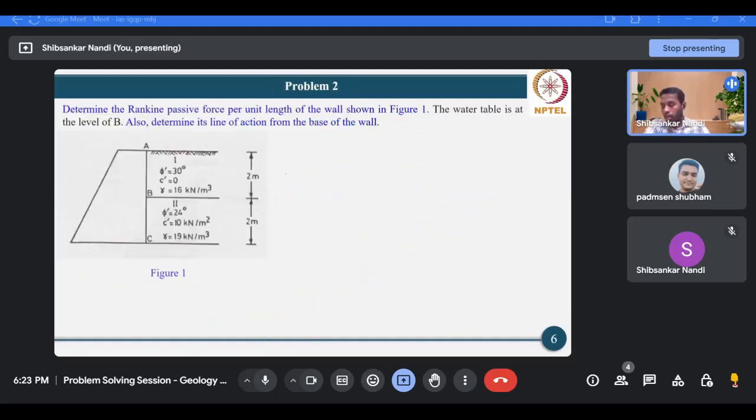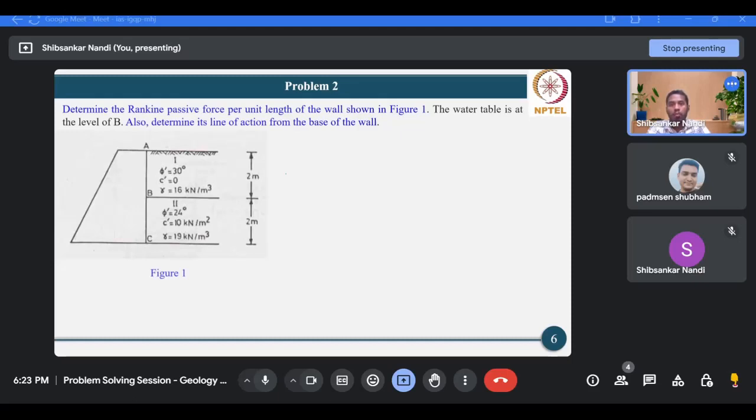If we carefully observe, most of the problems we have solved so far pertain to the aspect of active earth pressure only. We didn't solve any problem concerning the passive case.